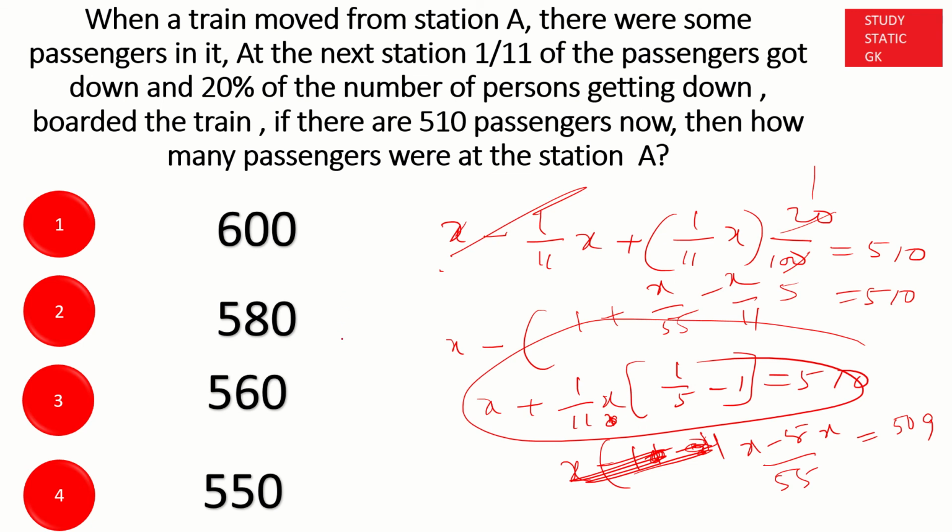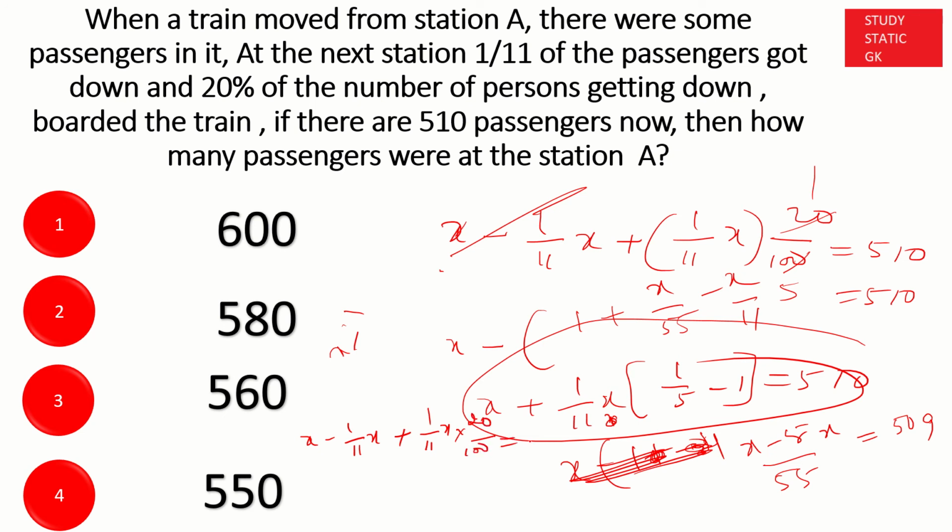Okay, when a train moved from station A, there were some passengers in it. At the next station, 1 by 11th of the passengers got down. So x minus 1 by 11th of the passengers, and again 20% of this 1 by 11x are boarded again.